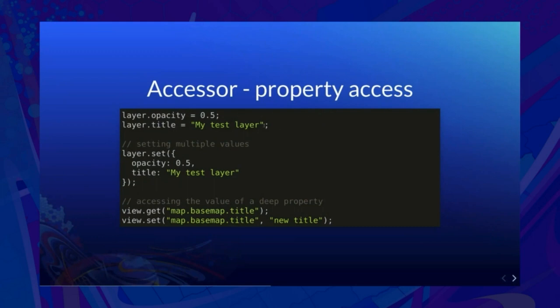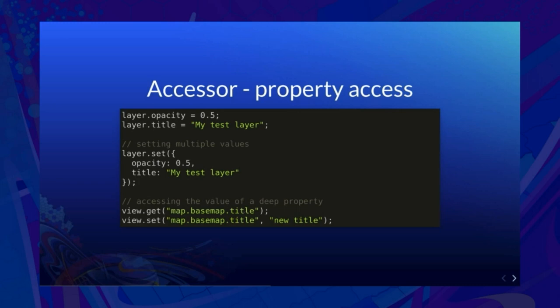In this example here, I can treat my accessor object like anything else. I set the opacity, I can set a title. But if I want to set them both at the same time, I can use a set method. I pass it the object with those properties to set multiple properties at once. I can also access deep properties. So essentially, if the map is null, then base map and title would be null.